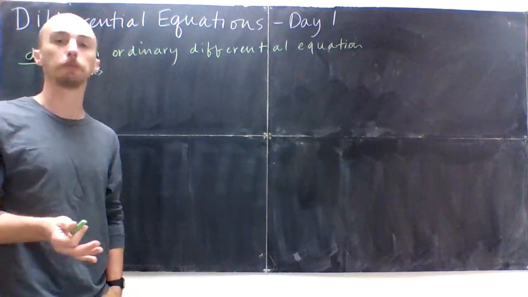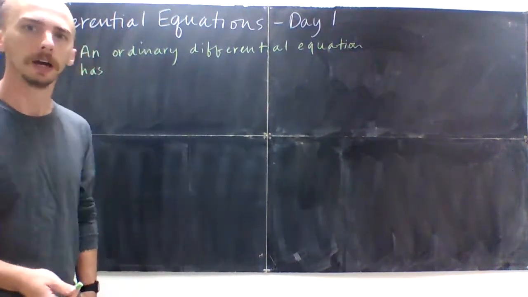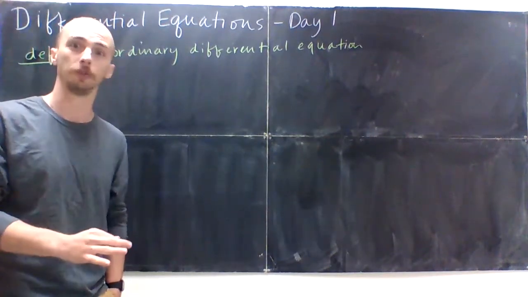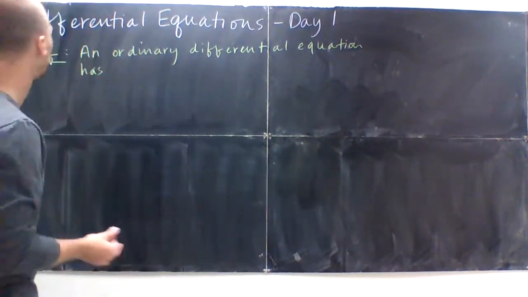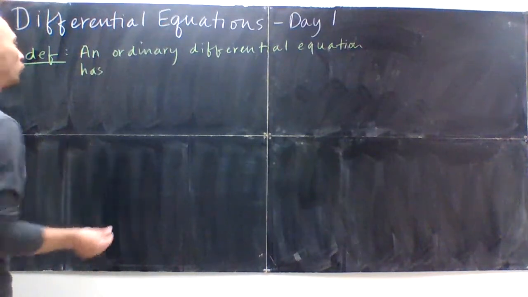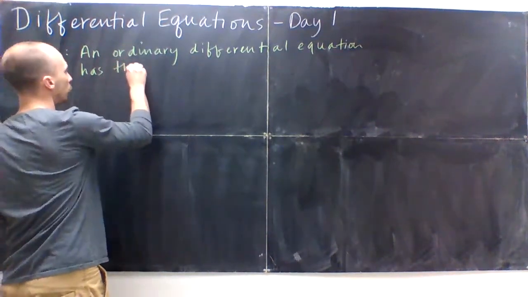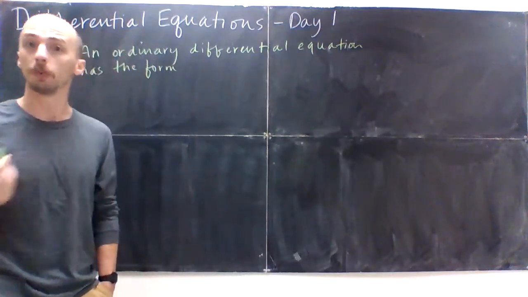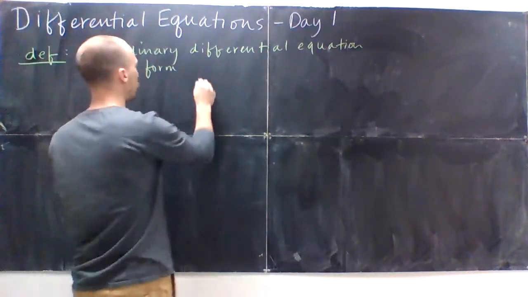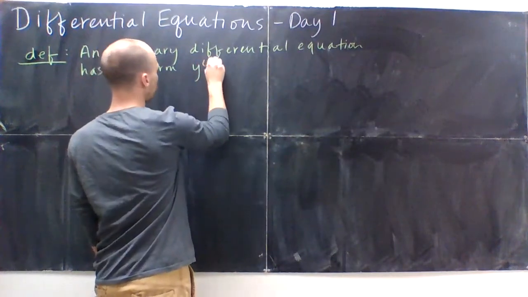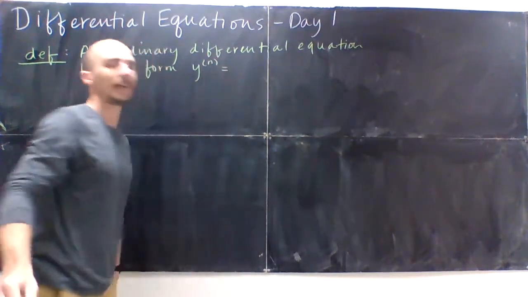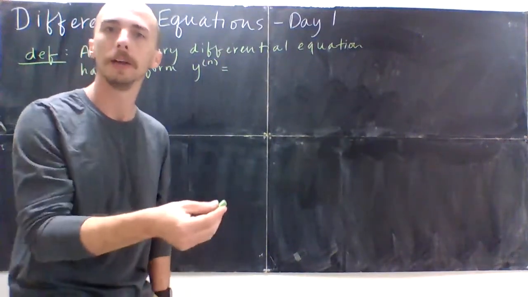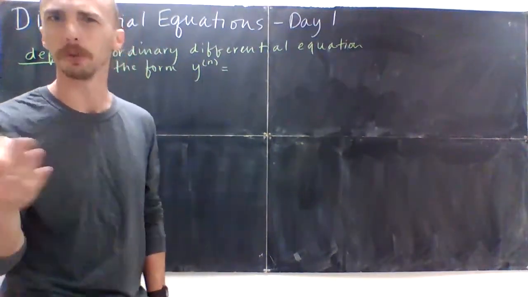That is a thing that we probably will not study in this playlist, but is definitely a very interesting and rich field of study in mathematics, partial differential equations. An ordinary differential equation has the form where, say, the nth derivative of some function y is given. So y's nth derivative is given in terms of maybe its independent variable and other, lower derivatives.